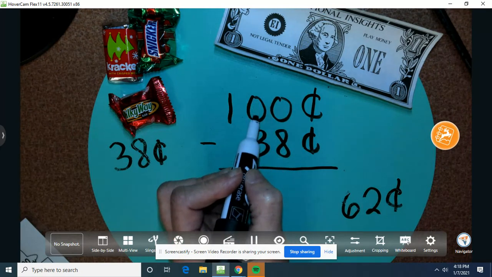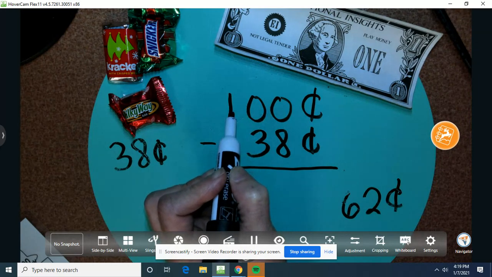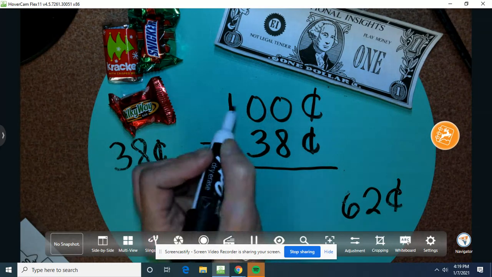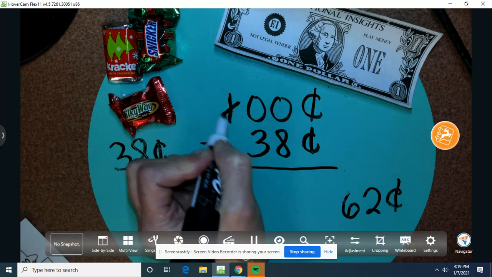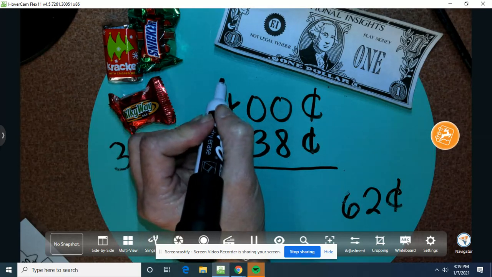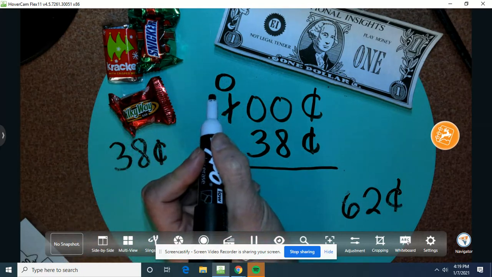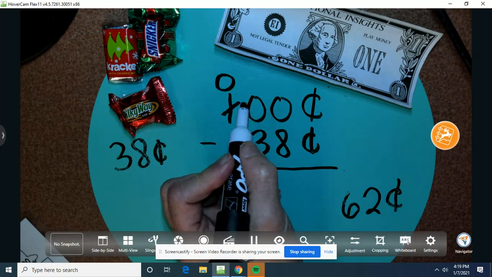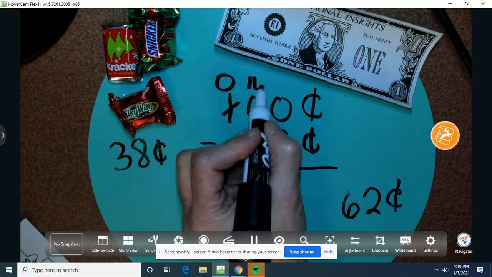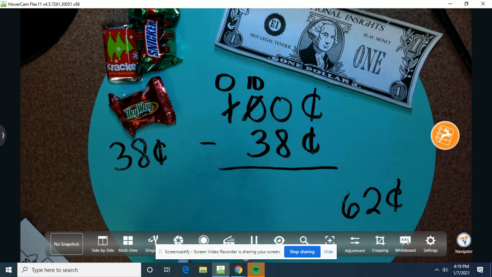So I'm going to have to come over to the tens column, but guess what, guys? There's nothing there either. So I have to go the whole way over to the hundreds column. And now, instead of having 100, I don't have 100 anymore, right? I can bring that 10 over to the tens column.